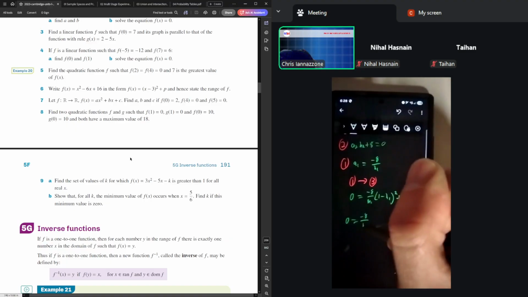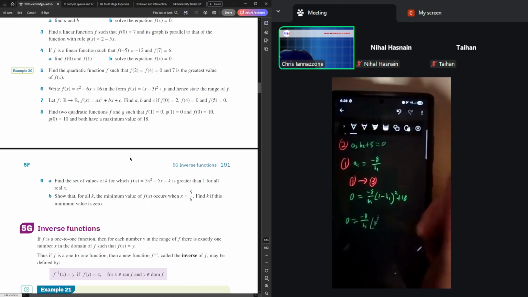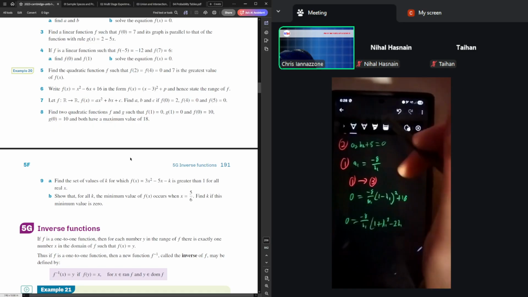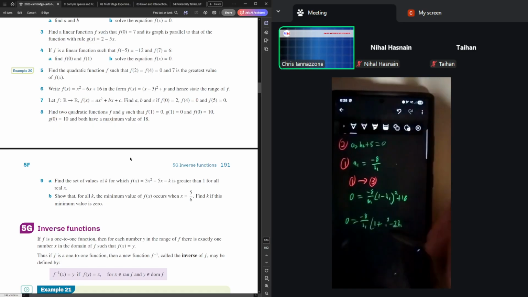Minus 8 on h1, 1 squared is 1, h1 squared, 4 h1 squared, and then minus 2 h1.